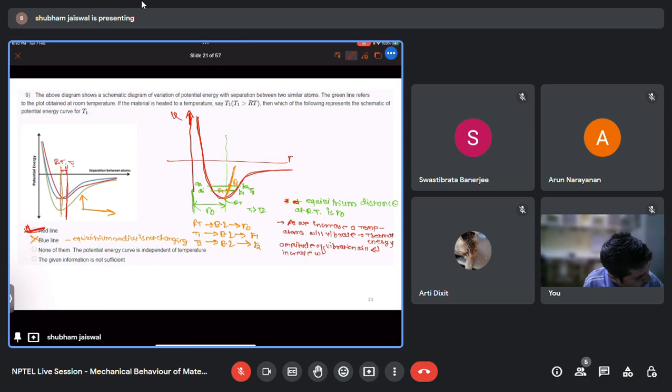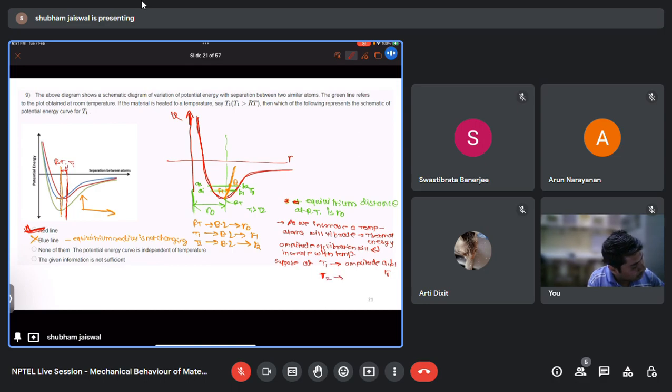It will increase with temperature. Suppose at T1 the bond length amplitude is A1, B1 and radius R1, or the interatomic distance is R1.